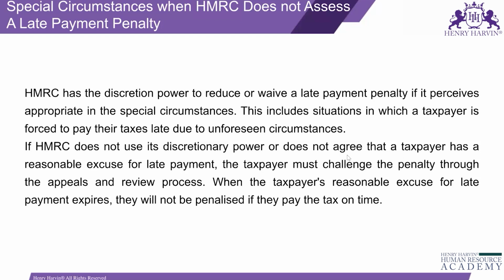Okay, if HMRC does not use its discretionary power or does not agree that a taxpayer has a reasonable excuse for late payment, the taxpayer must challenge the penalty through the appeals and review process. Okay, when the taxpayer's reasonable excuse for late payment expires, they will not be penalized if they pay tax on time. You can appeal this to HMRC, and if HMRC is not listening, you can go to court also.